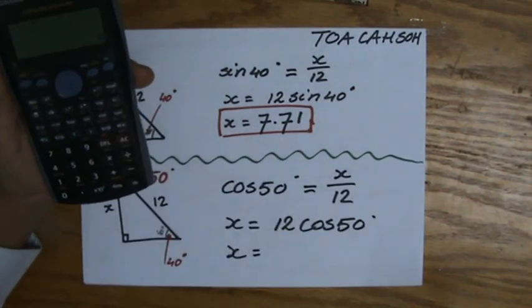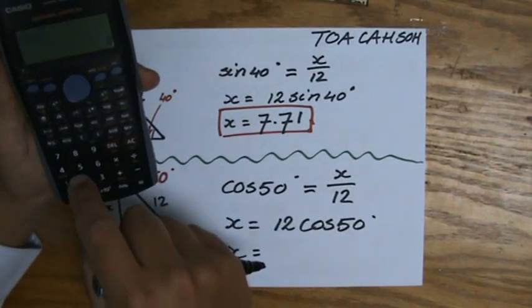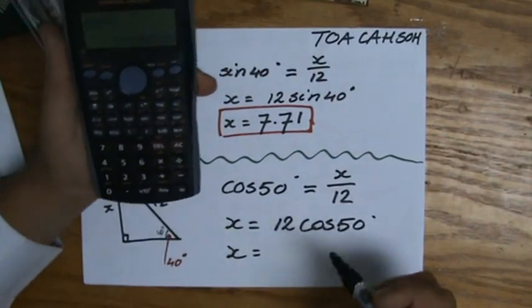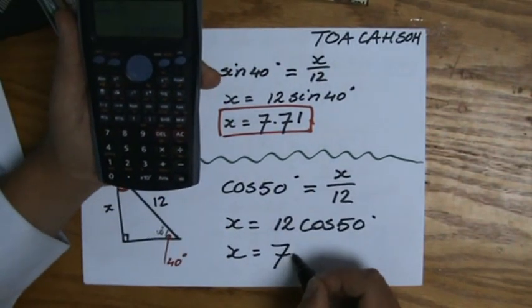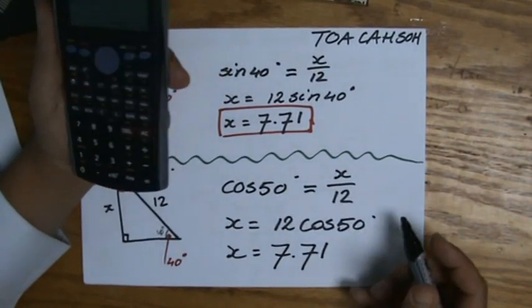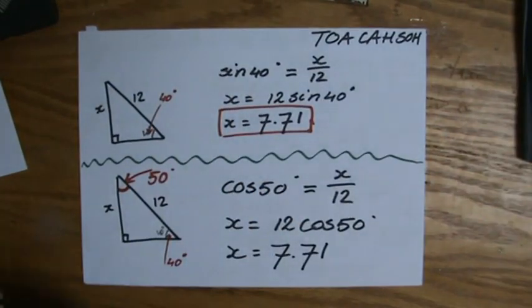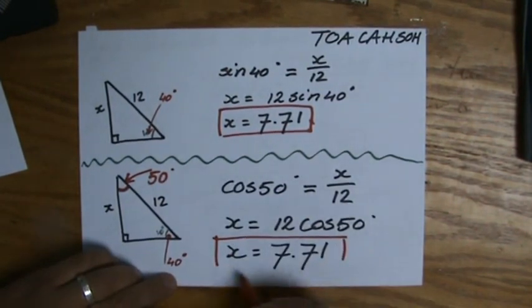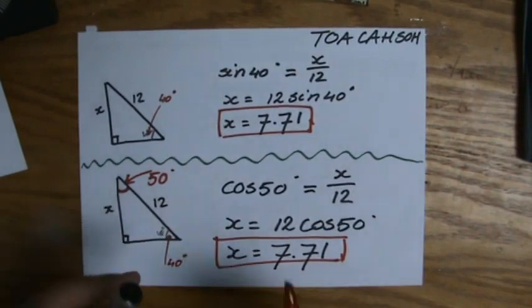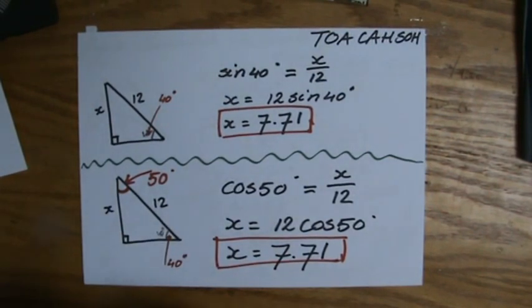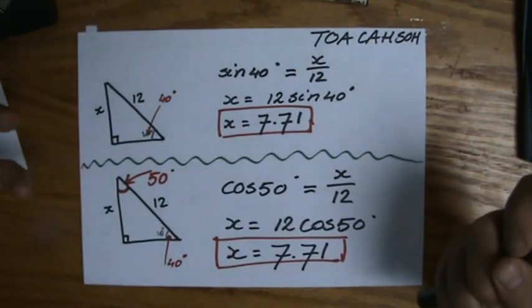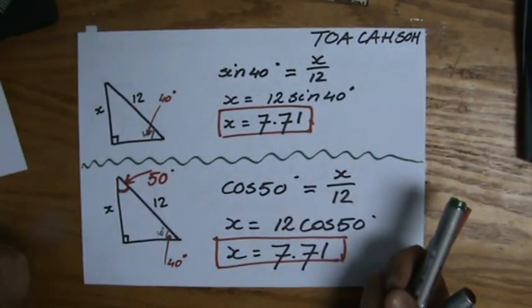Let me see if I get the same answer. The cosine of 50 equals times 12 equals, and to 3 significant figures, and it is just unbelievable, it gives me 7.71. So actually your teacher is not just telling you some things that are completely irrelevant and not true. No, he's telling you things which are true always in any situation, as long as you have a right angle triangle.